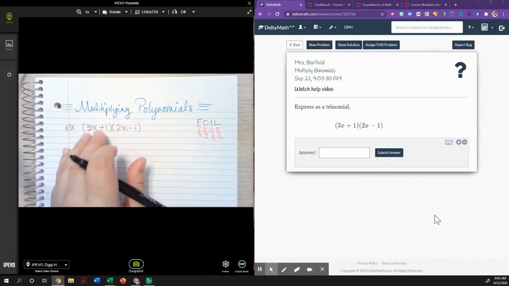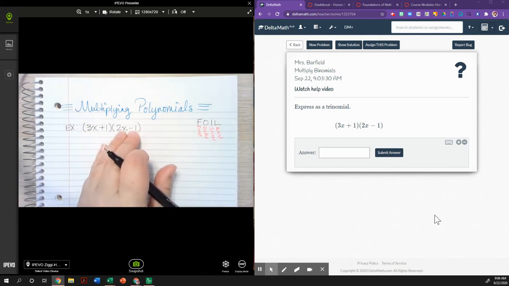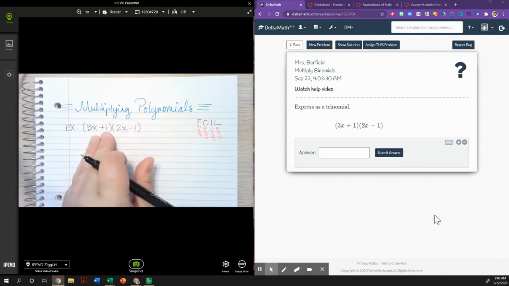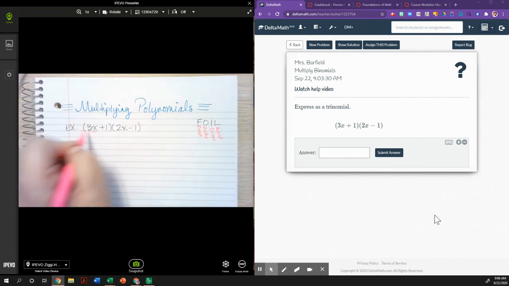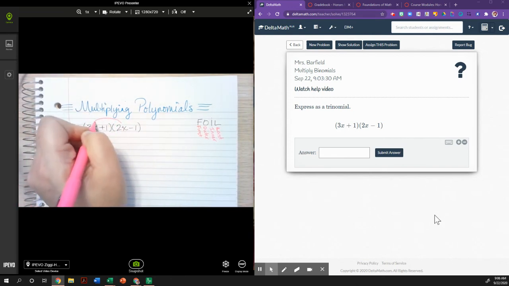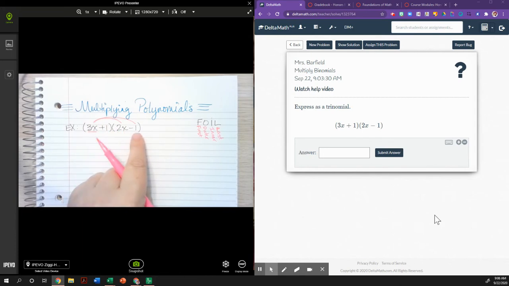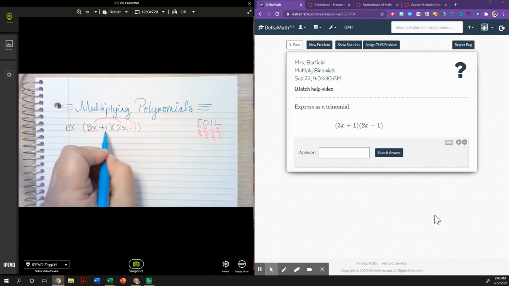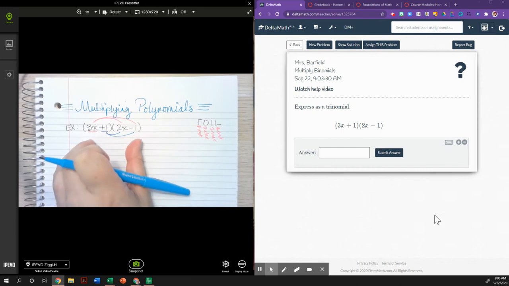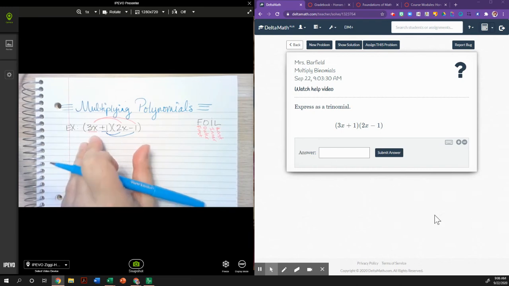Because what happens if there are 3 terms here and 3 terms here? What will I do to solve that problem? The technique that you're using is the distributive property. You're going to take 3x and multiply it by the first term and the second term here. Then you take 1 and you distribute it. You are just utilizing the distributive property to complete this multiplication.